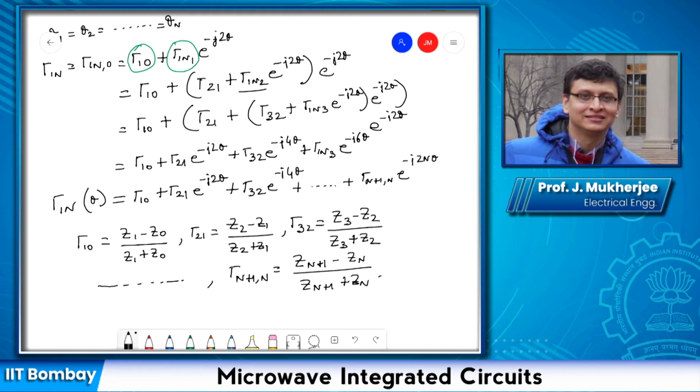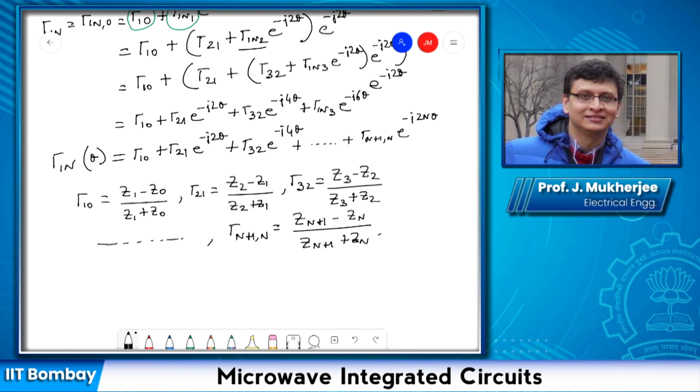Now, writing it like a series like this, I can write this using the summation symbol.